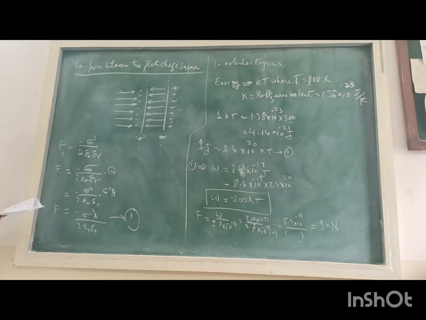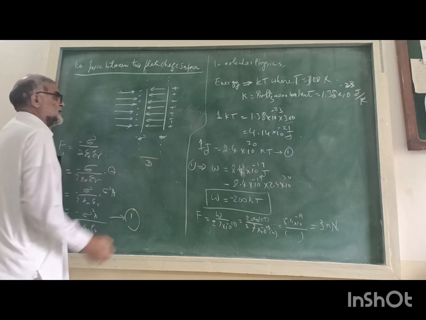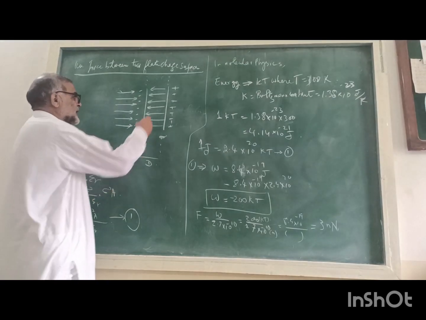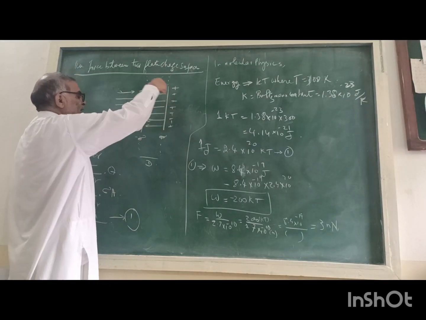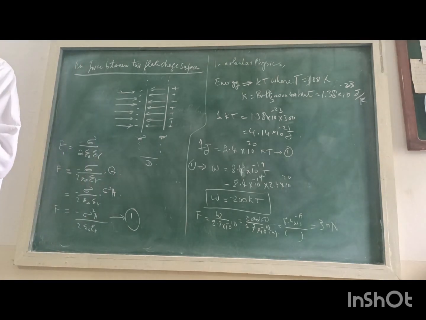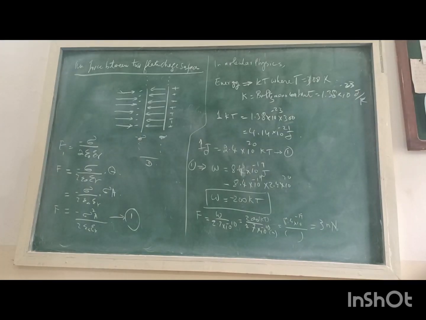So that is the force between two plates separated by some distance d, where the dimensions of these plates are very much greater as compared with the separation. Now look at this.